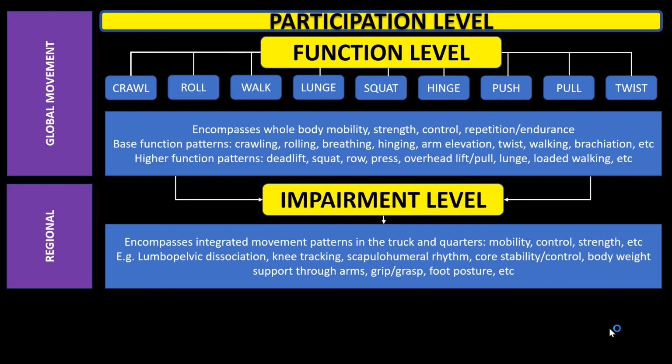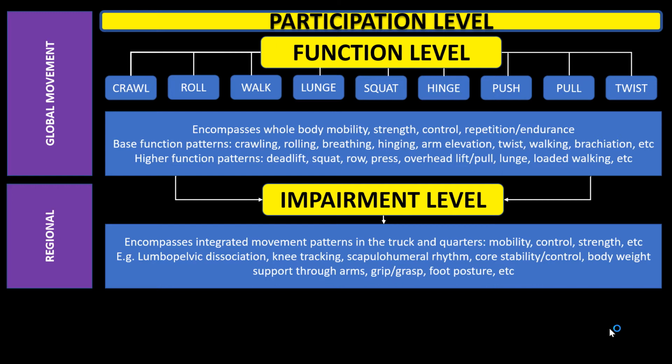So lumbo-pelvic dissociation, knee tracking during squatting or lunging, scapulohumeral rhythm, core stability, control, body weight support through the arms, gripping and grasping, and foot posture would all be considered at the regional level of impairment, where there's more than one muscle group or more than one joint involved and it involves an integrated pattern, but not necessarily whole body.